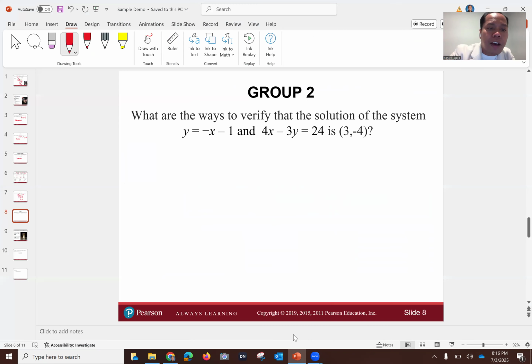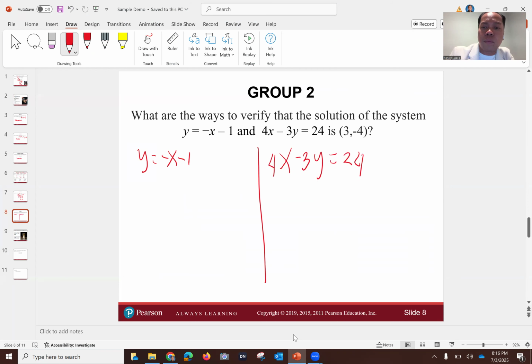So let's see. I have here y is equal to negative x minus 1, and the other one is 4x minus 3y is equal to 24. Remember, our x is 3, our y is negative 4. So this is negative 4 equals negative 3 minus 1, so negative 4 equals negative 4.